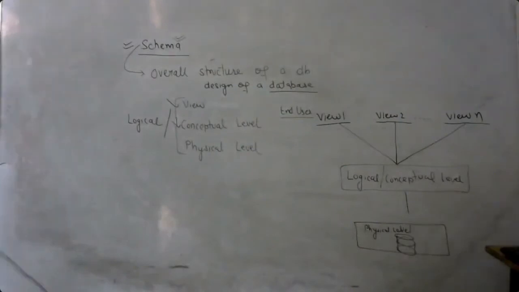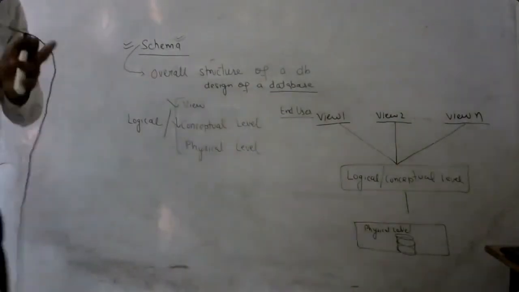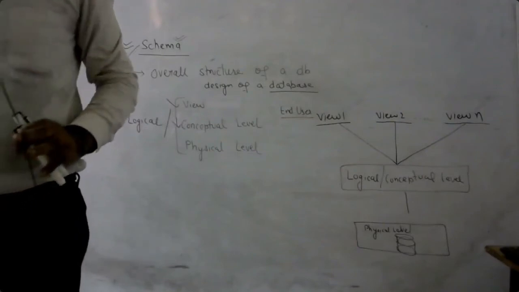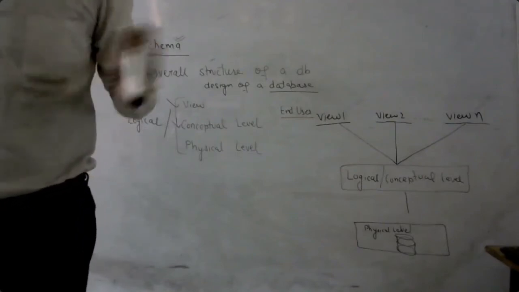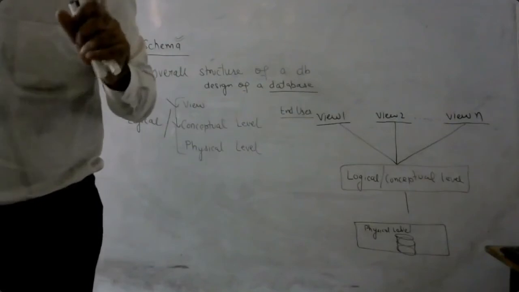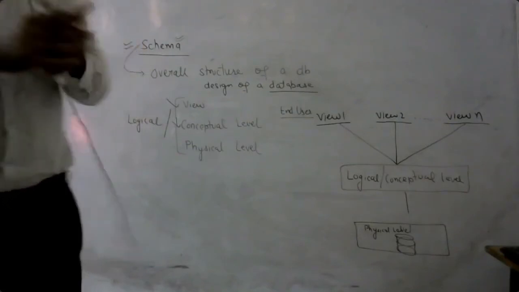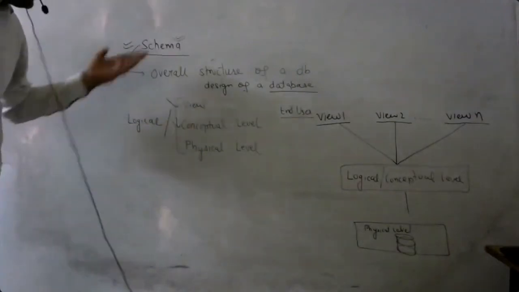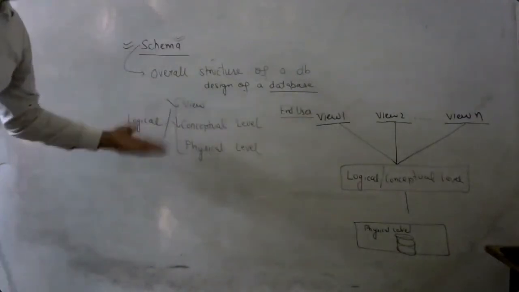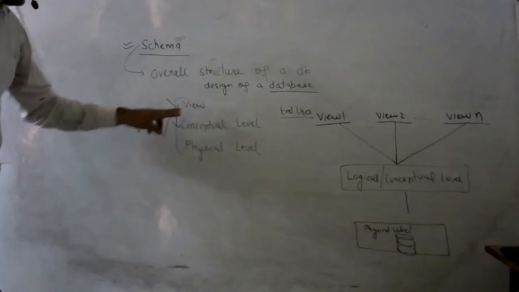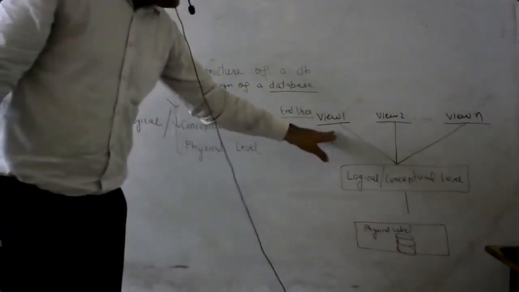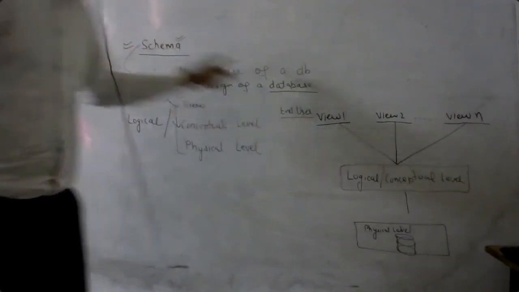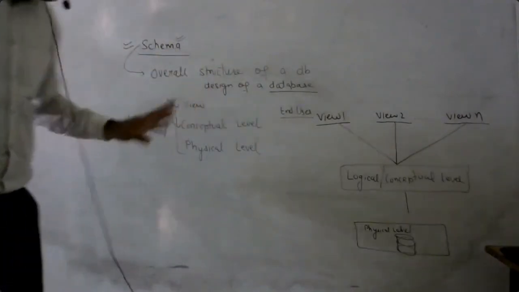So what is a schema? The overall design, the overall structure of a database. When we talk about the database, how many tables are there, how those tables will be interlinked. So it has three levels. If we talk about the schema, it can be categorized in three ways. View level, the view of the end user, the perception of the end user regarding the schema or the database.